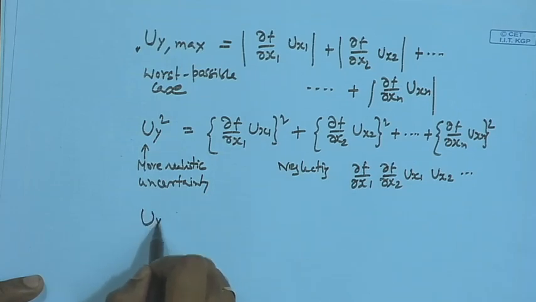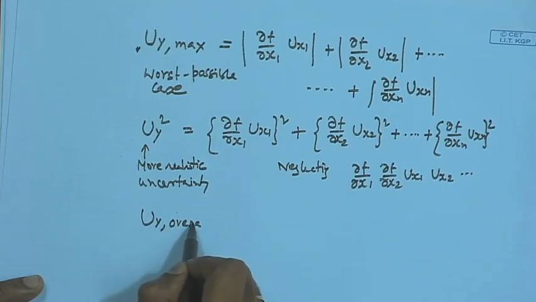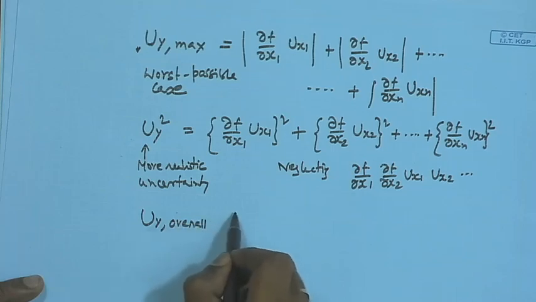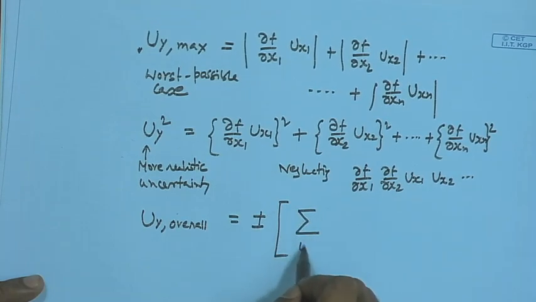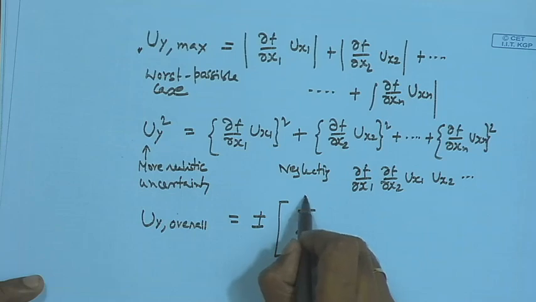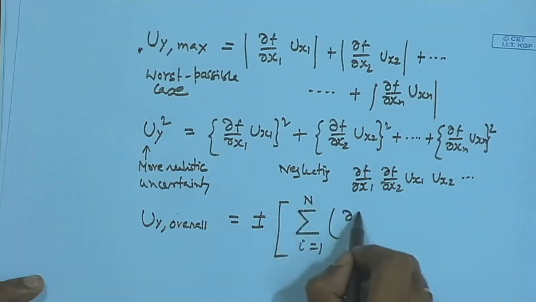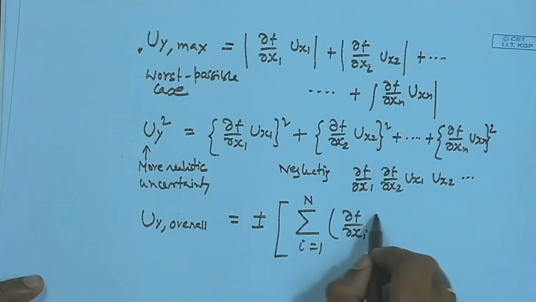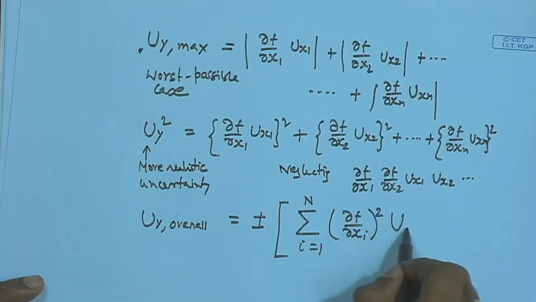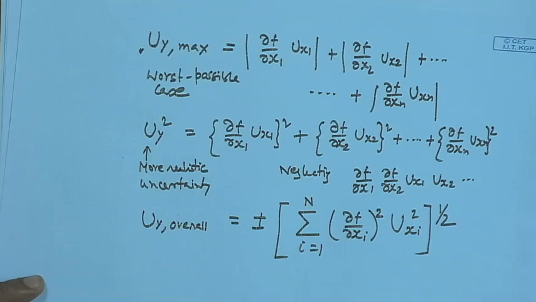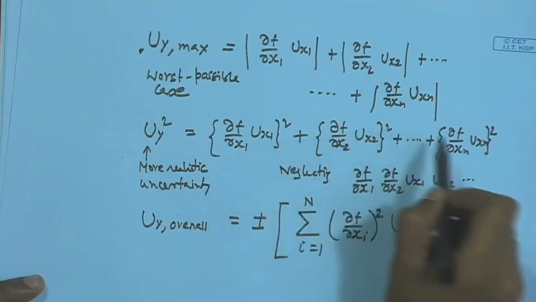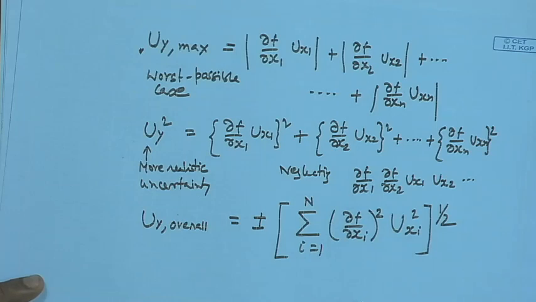So, we can now take the overall uncertainty as this, where n is the number of independent variables x1 up to xn.